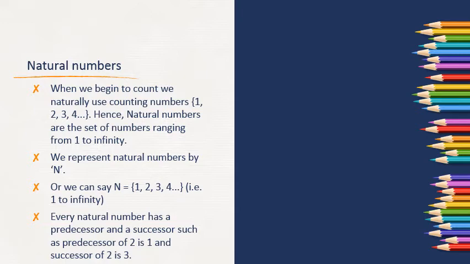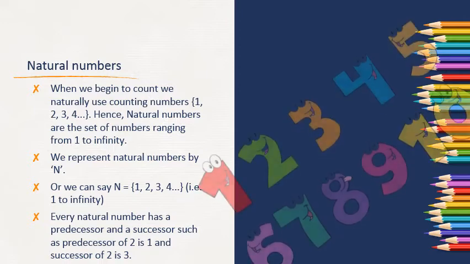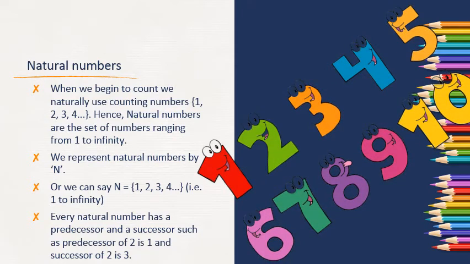I ask you what is the successor. It is 2 plus 1 equals 3. So if I ask you what is the successor of 10, it means 10 plus 1 equals 11. So there we have all our natural numbers. It starts from 1.